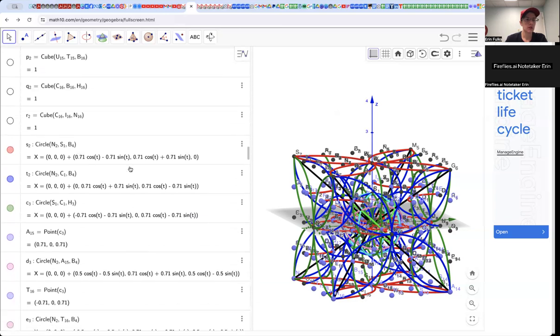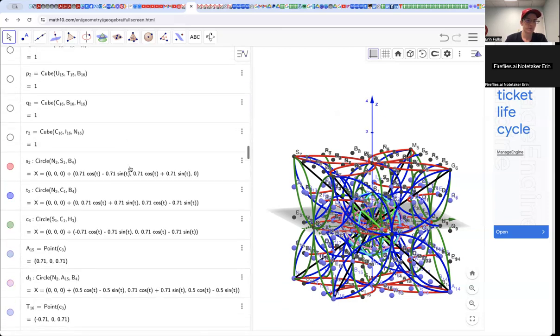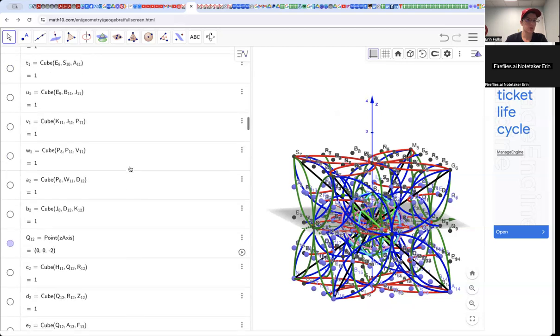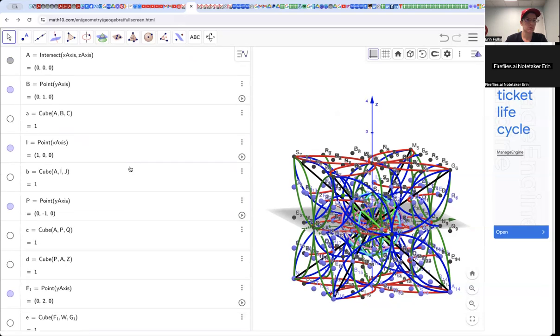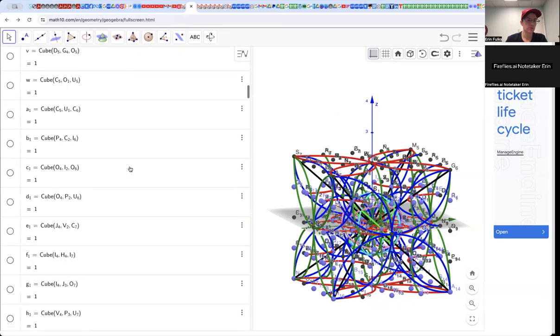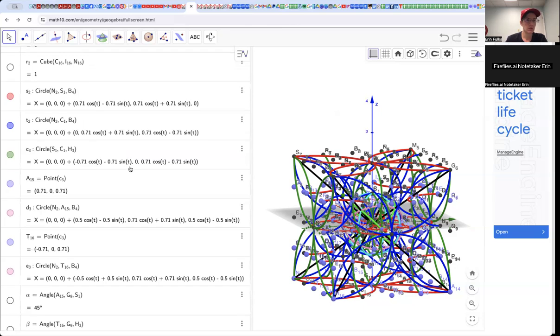And then again, our movement structure here. So there you have it here.